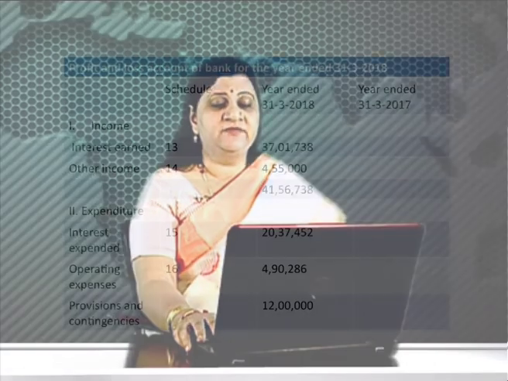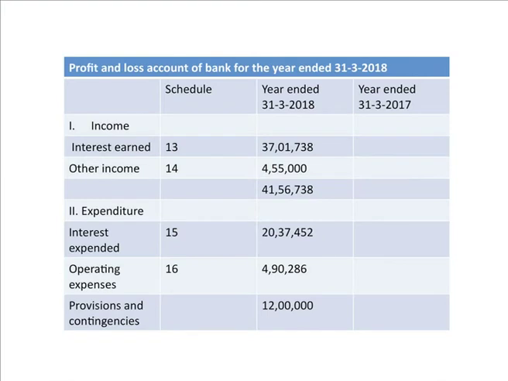So, having all the operating expenses in this schedule, we will aggregate it and reflect the total amount against the operating expenses schedule under our P&L account, and its total is coming as 4,90,286. So, when we go to the P&L account, we show it here under operating expenses, 4,90,286.